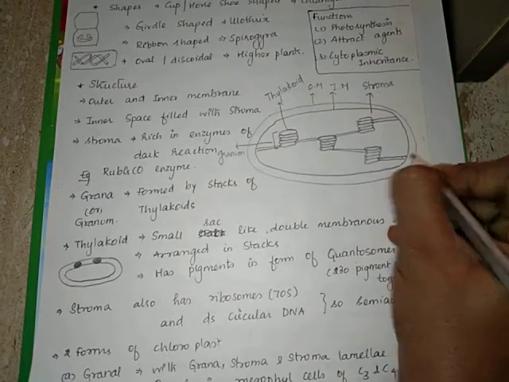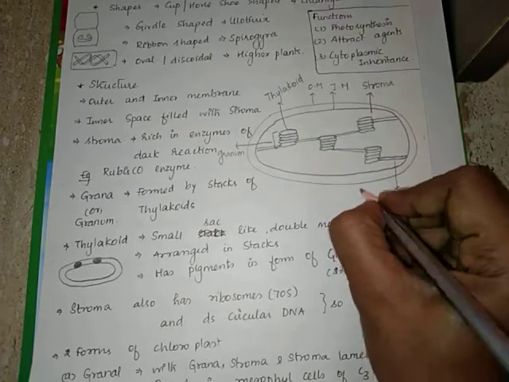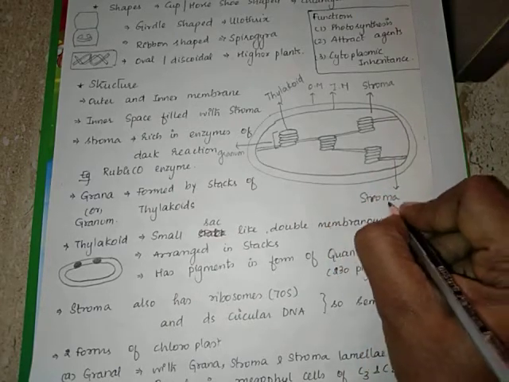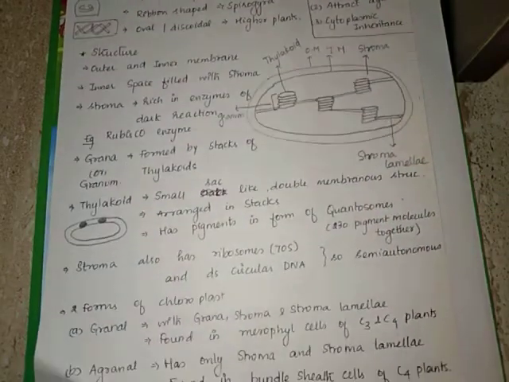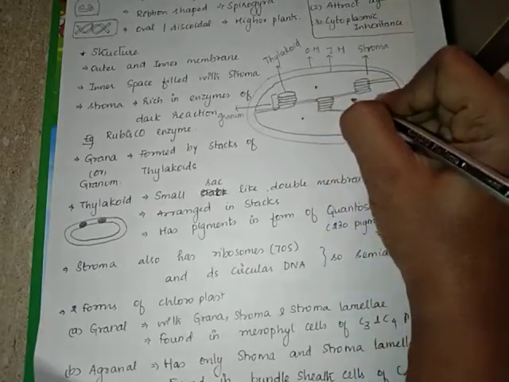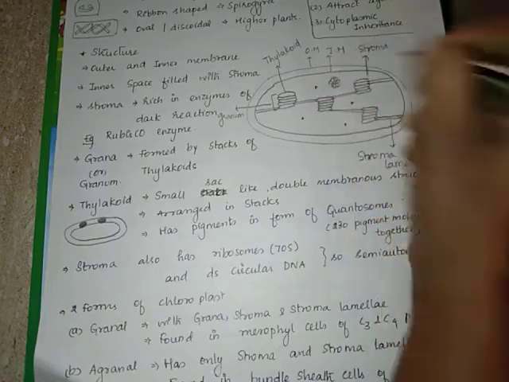The structures that interconnect the grana are called stroma lamellae. And the stroma also contains ribosomes as well as a double stranded circular DNA molecule.